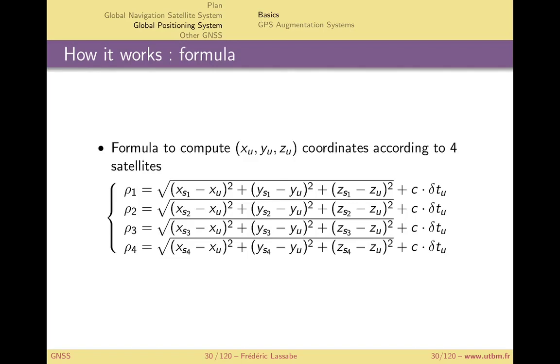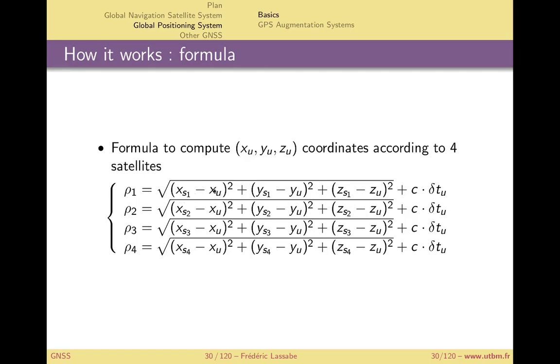So that's why we compute this formula. This is an example with 4 satellites. It means that the distance estimate between the satellite and the device is the real distance between the satellite and the device.